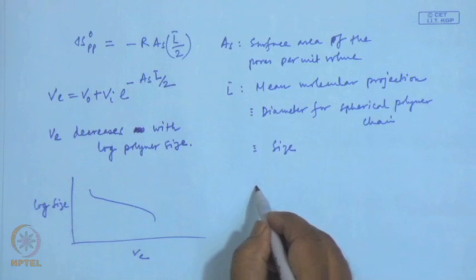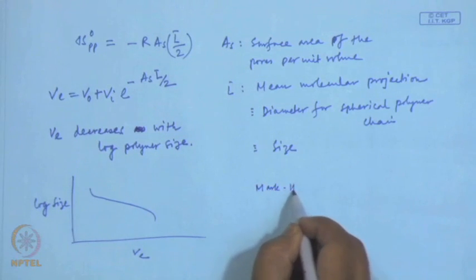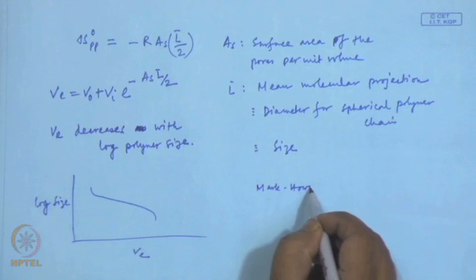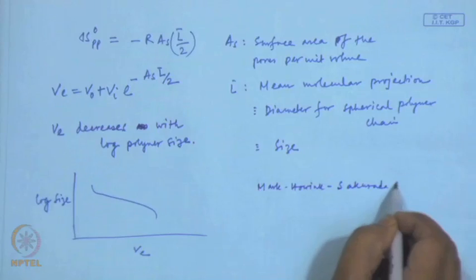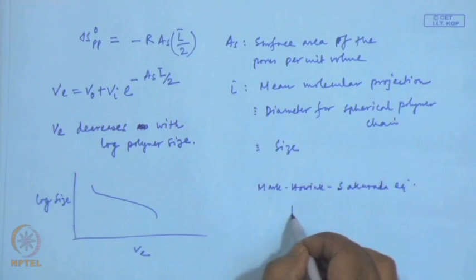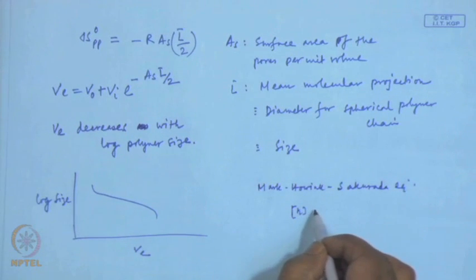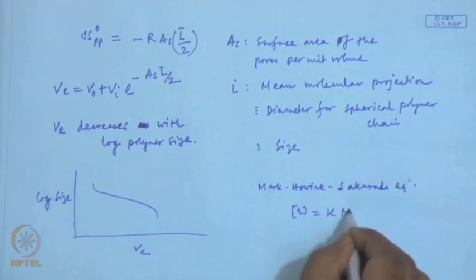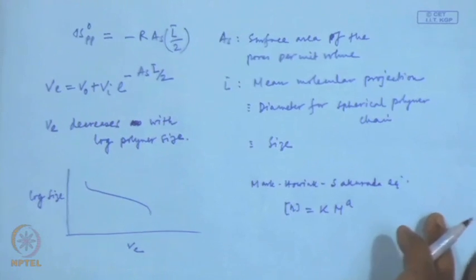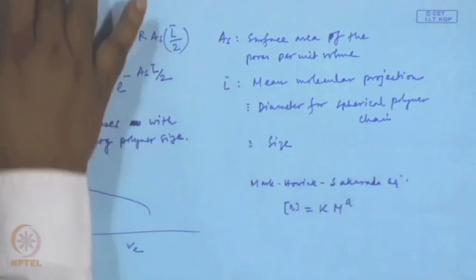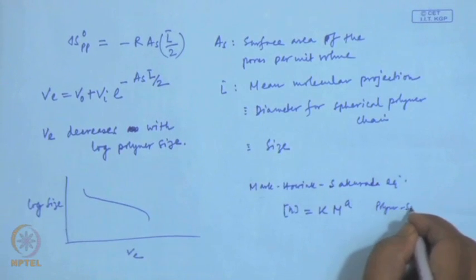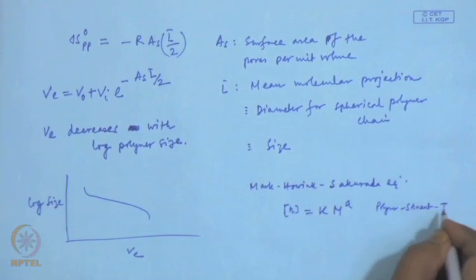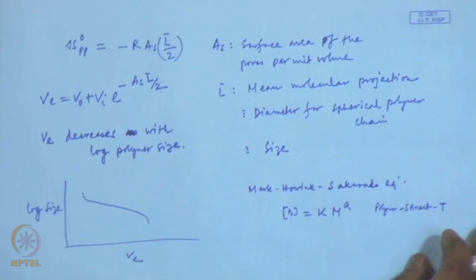Now, from the Mark-Houwink-Sakurada equation, we know that intrinsic viscosity is given by K M to the power a, where K and a are constants for a particular polymer, solvent and temperature combination.